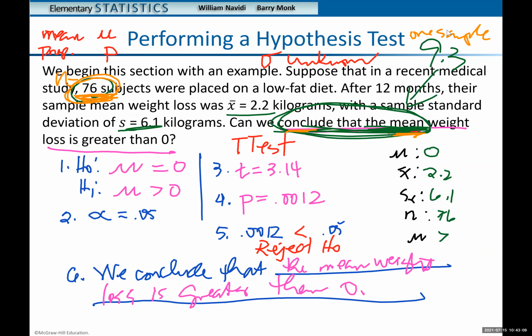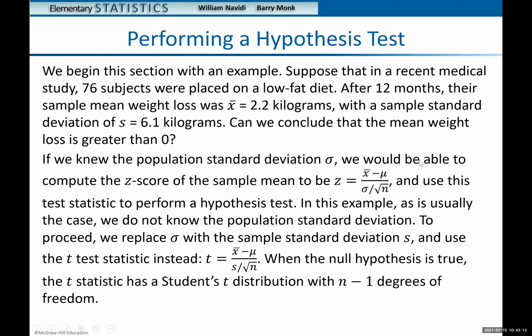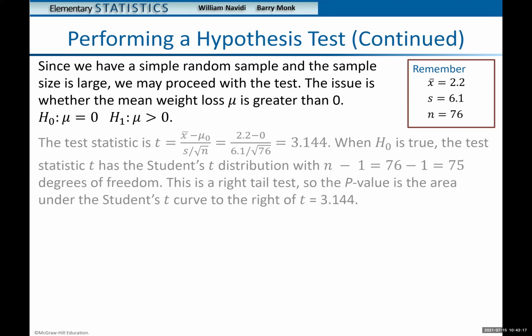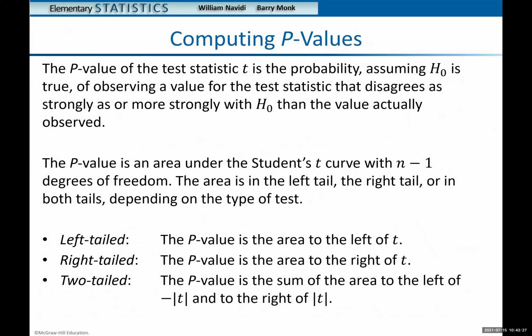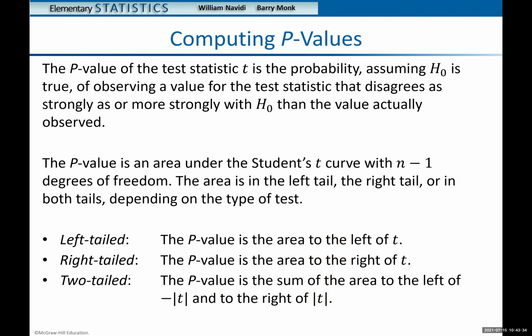All right, done. We got that 3.14. You don't need to compute the p-values because when you use a shortcut, you saw it.